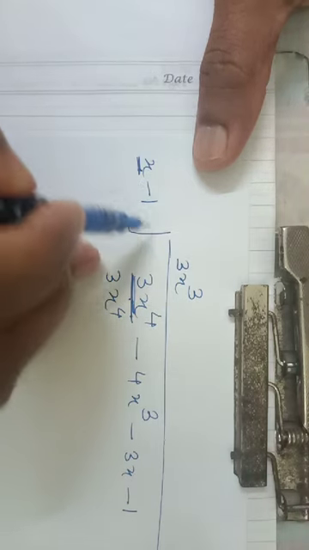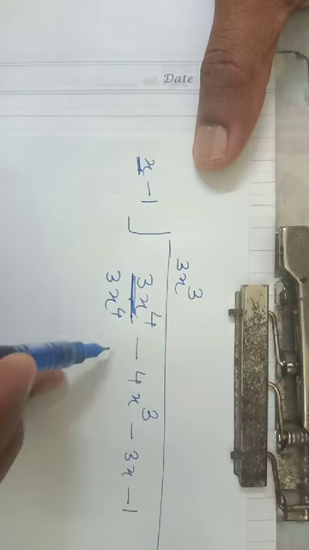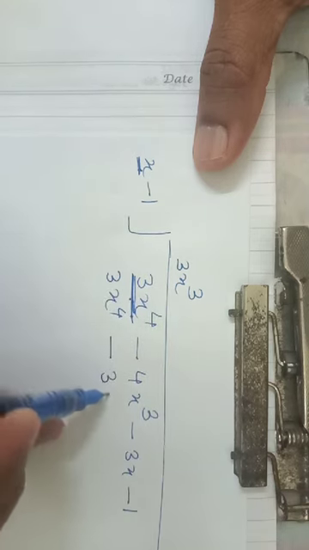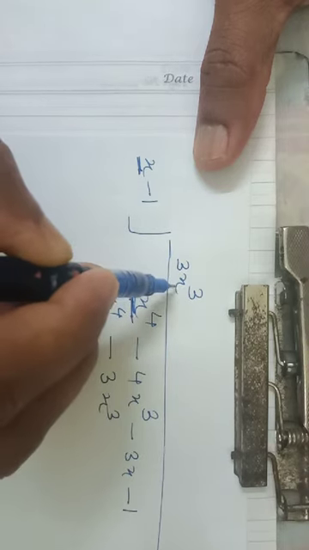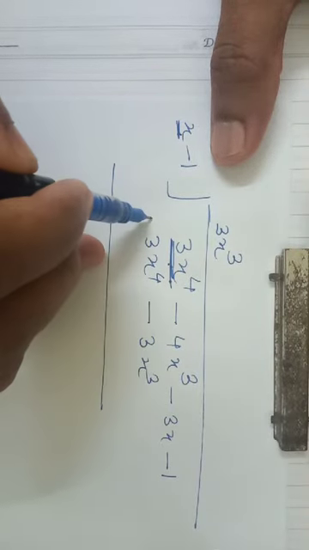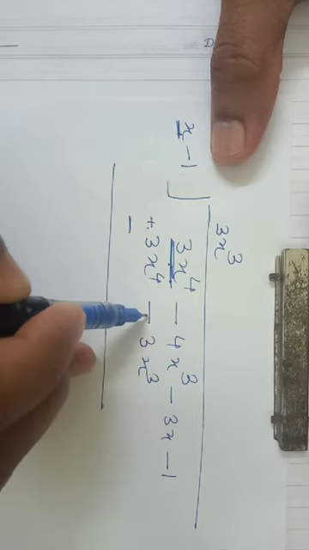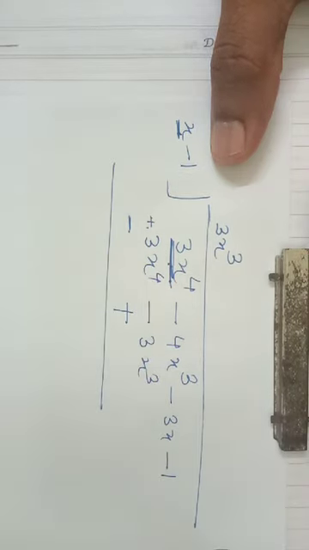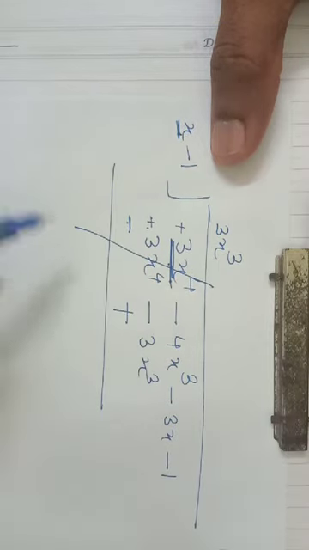Now you should multiply 3x cube with minus 1, so that will be minus 3x cube. 1 into minus 1 into 3x cube means minus 3x cube. Clear? Now you should know the positive sign will be changed to negative, and the negative sign will be changed to positive. This is positive and this is negative, so they will be subtracted completely.